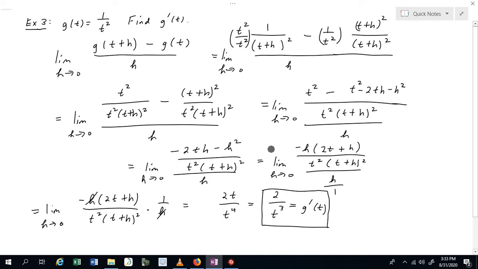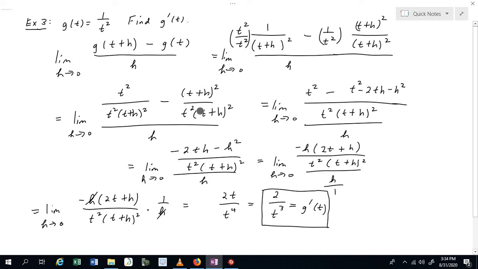Okay, so we've looked at a couple of examples here. If you are trying to find a derivative that has a square root in it, you probably need to multiply by the conjugate to make the limit determinable. If you have a function which has a fraction in it, which we call a rational expression, then you're probably going to need to get a common denominator for that fraction, because both of these will end up being fractions on top.